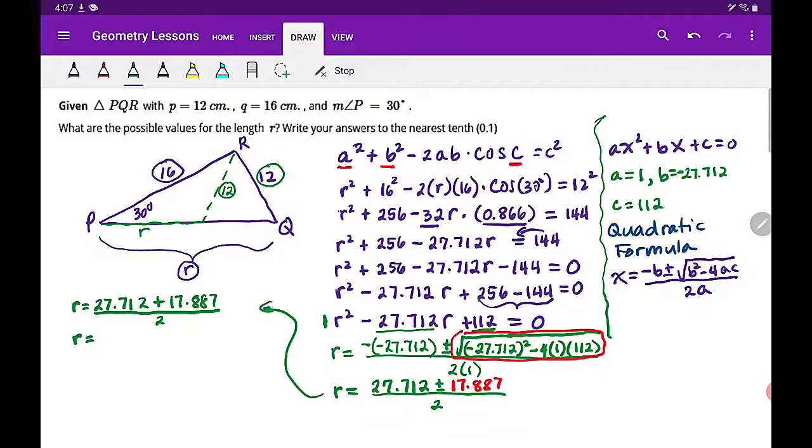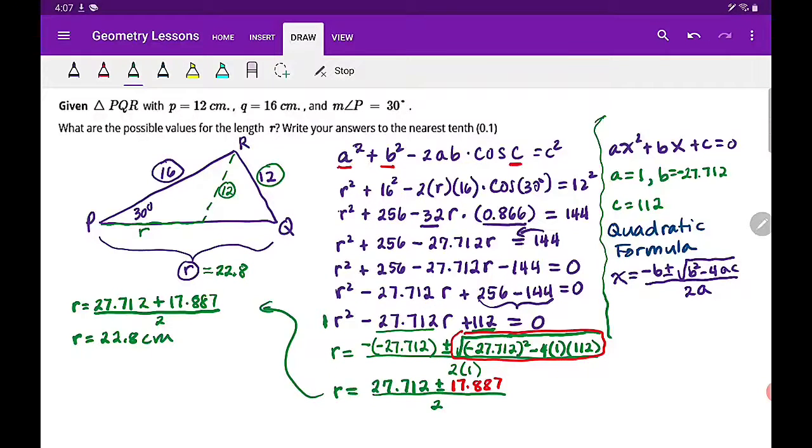I'm going to get 22.8 centimeters. So that's this long version of r, equal to 22.8.